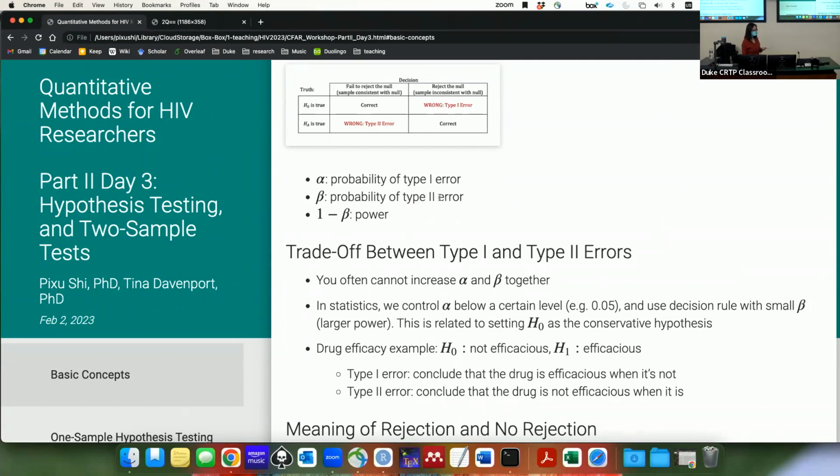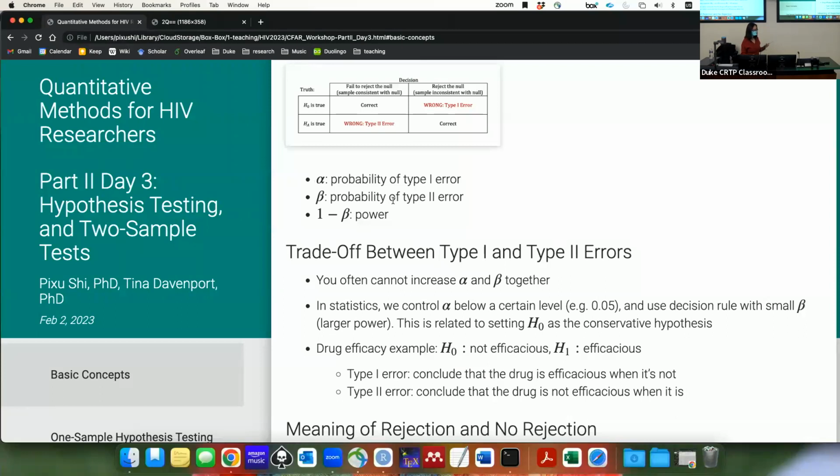But in reality, there's no way that you can decrease alpha and beta together because there's uncertainty involved in your data. When you collect data from a population, the randomness involved in the data generation will make you make errors.